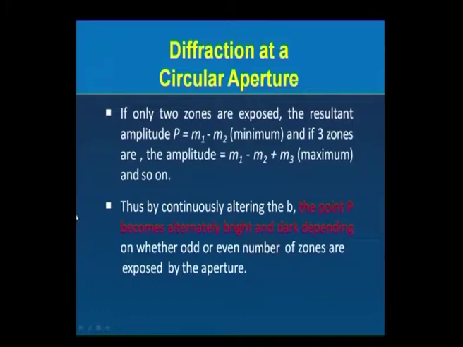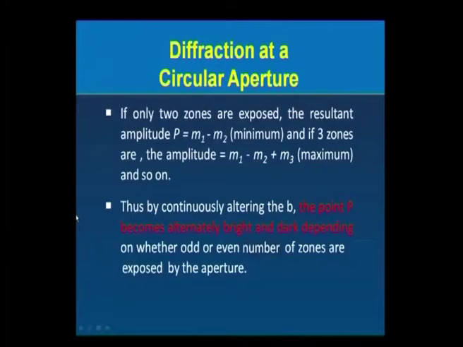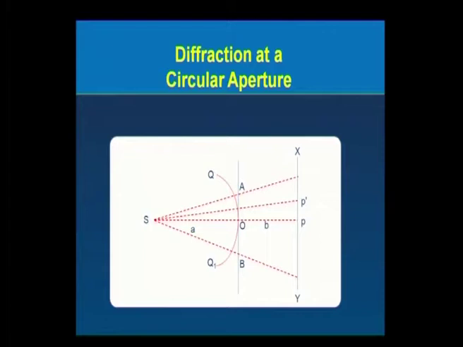Therefore, by continuously altering the distance B, that is the distance between the wave front or the aperture and the screen, the point P becomes alternately bright and dark. That is important. What you get at the point P may be bright or dark. It depends upon how many zones there are corresponding to your aperture. So, that can be altered.